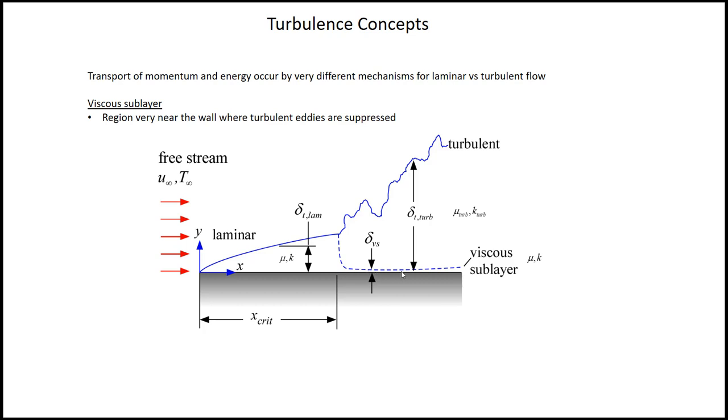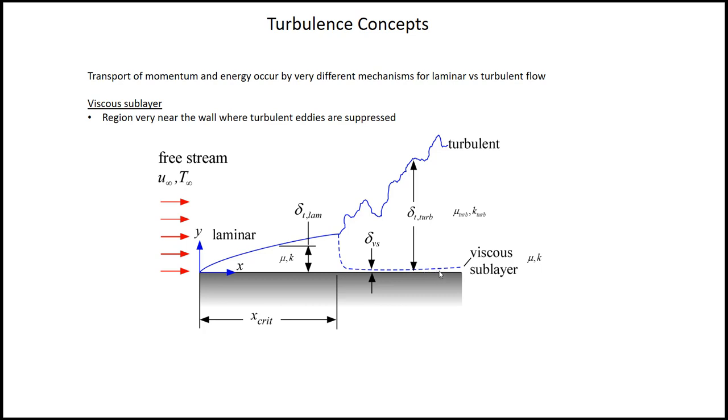There's this region very, very close to the wall, and it's a very, very thin region, hundreds of microns, where the presence of the wall itself and the large viscous shear that you get because the wall is there is sufficient to suppress turbulent eddies, right? There's no turbulent eddies in this region near the wall, and that's basically what defines the viscous sublayer, right?